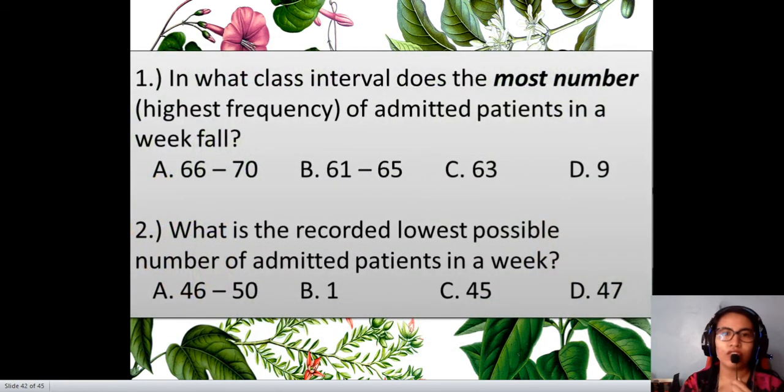So here are the questions. First, in what class interval does the highest frequency of admitted patients in a week fall? So we have here the choices. Second, what is the recorded lowest possible number of admitted patients in a week?